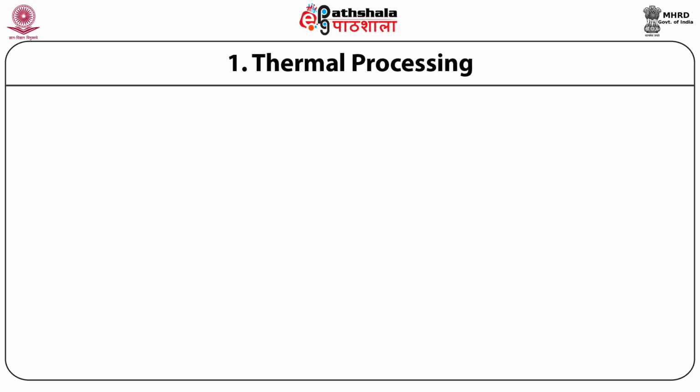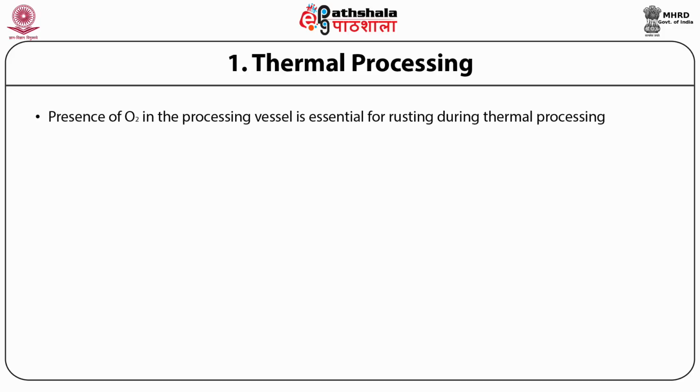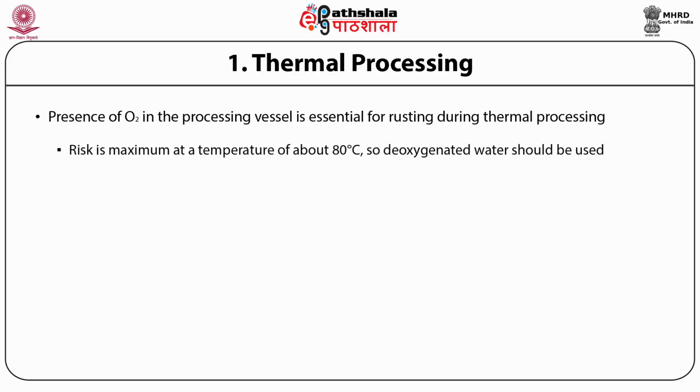So in the first stage, during thermal processing, the essential ingredient for rusting of cans is the presence of oxygen in the processing vessel. When cans are processed in water at atmospheric pressure, as is quite common for high acid, low pH products such as fruits, the risk reaches a maximum at a temperature of about 80 degrees centigrade.